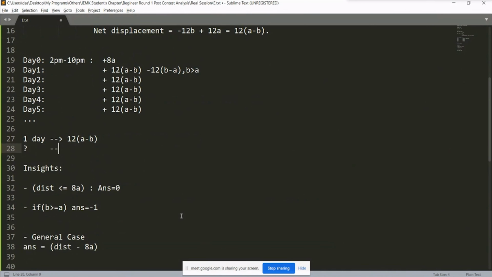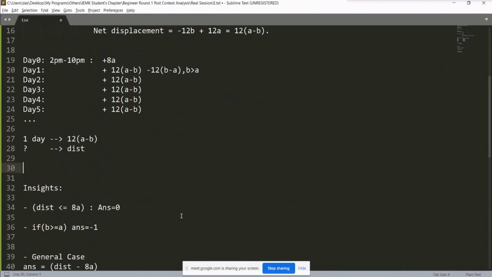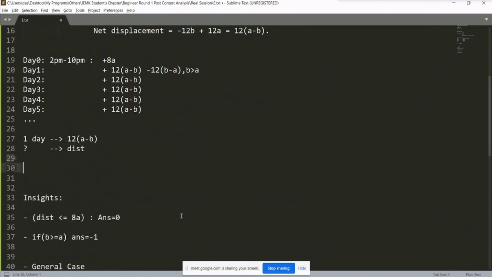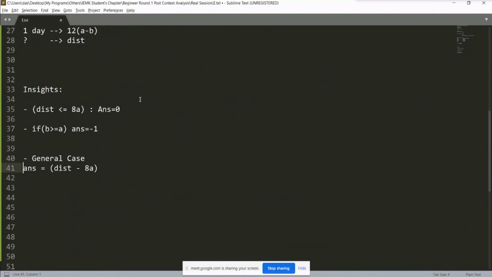Yeah. We have solved these problems in our elementary school days, the unitary method. So the question mark is what? Distance by 12 times of A minus B. Right. So this is the answer.